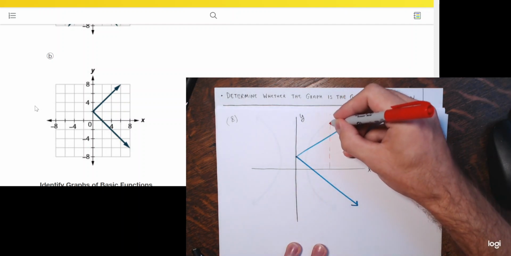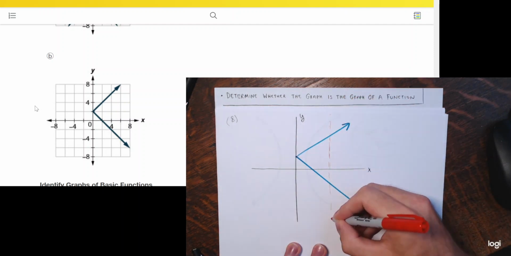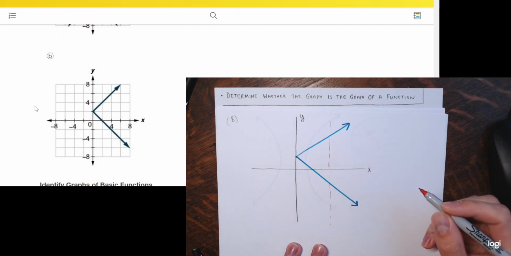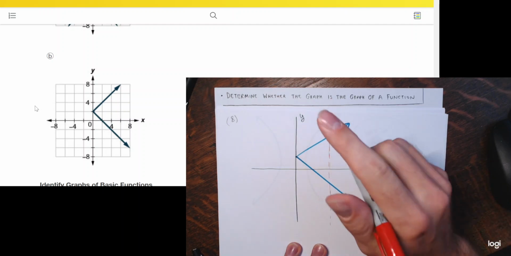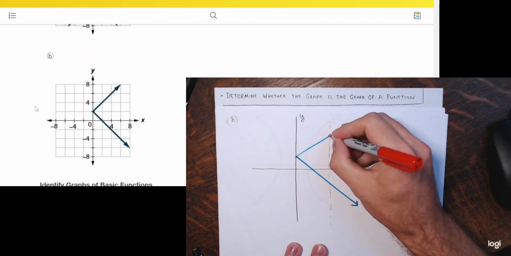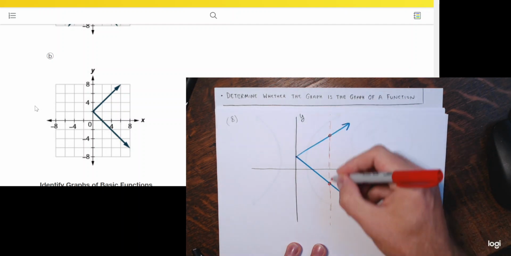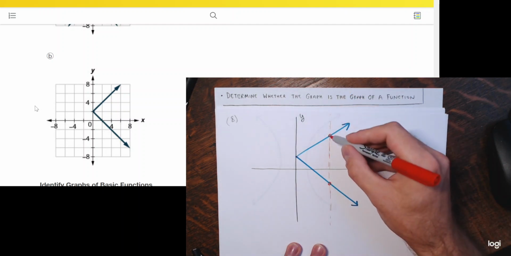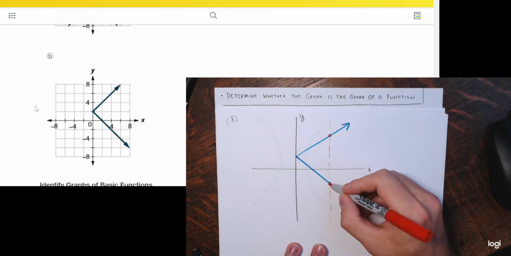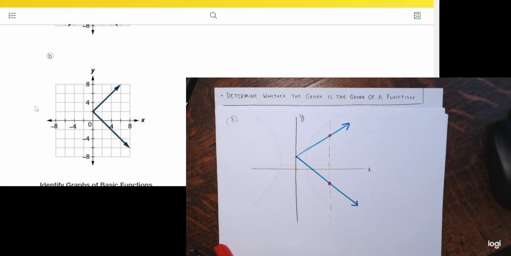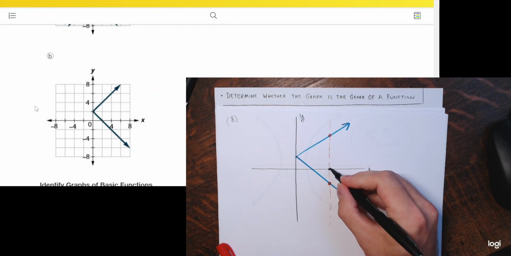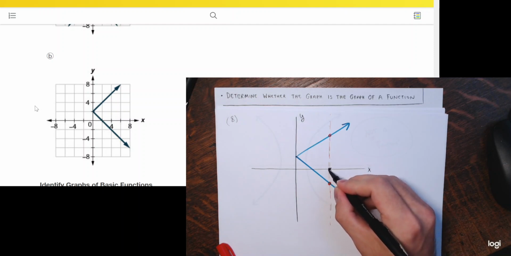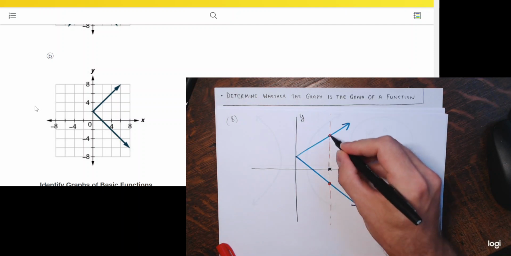All you have to do to show that a relation is not a function is just find one vertical line that hits the graph more than once. There you go. There's a vertical line that I just drew that hits this graph more than once. That means that this x value, whatever it is, is assigned to more than one y value.